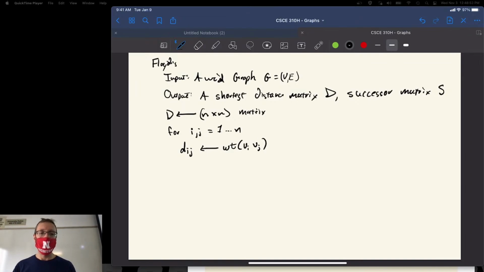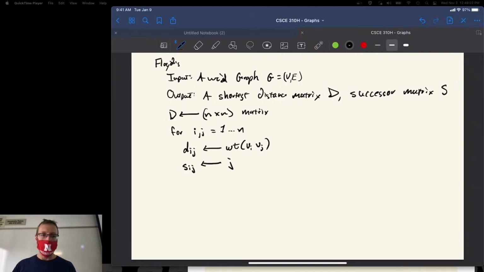And s sub ij is going to be initialized to j for all edges (v sub i, v sub j) in the edge set.